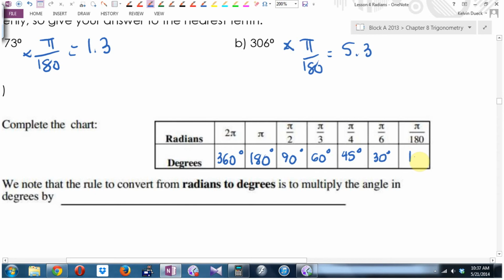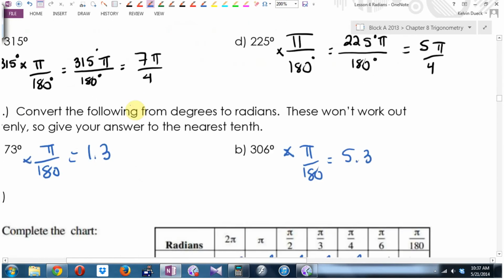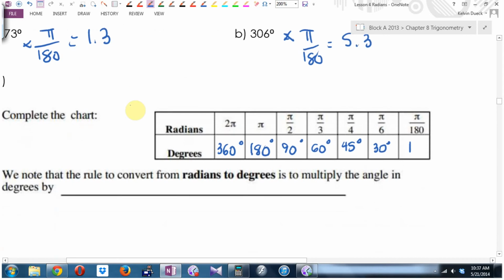In fact, Brooke, this goes back to your question. To go from degrees to radians, we times by pi over 180. To go from radians to degrees, we multiply by 180 over pi. It's the opposite of going the other way.